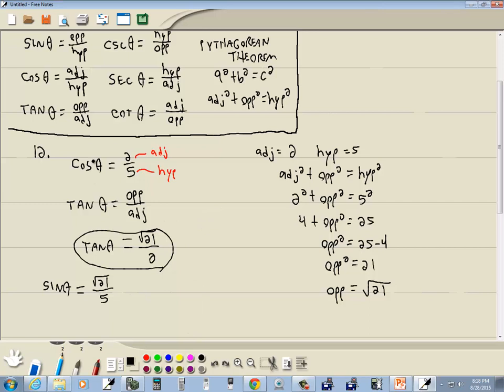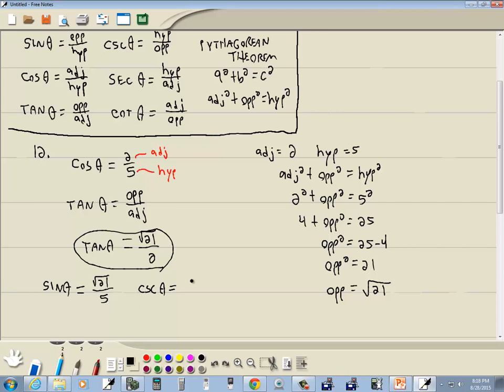Now, these are the 3 main ones: sine, cosine, and tangent. Once you have those, then the cosecant, secant, and cotangent are these flipped. What in the world do I mean by that? Well, cosecant is going to be sine flipped. These go hand in hand. So flipped means reciprocal.